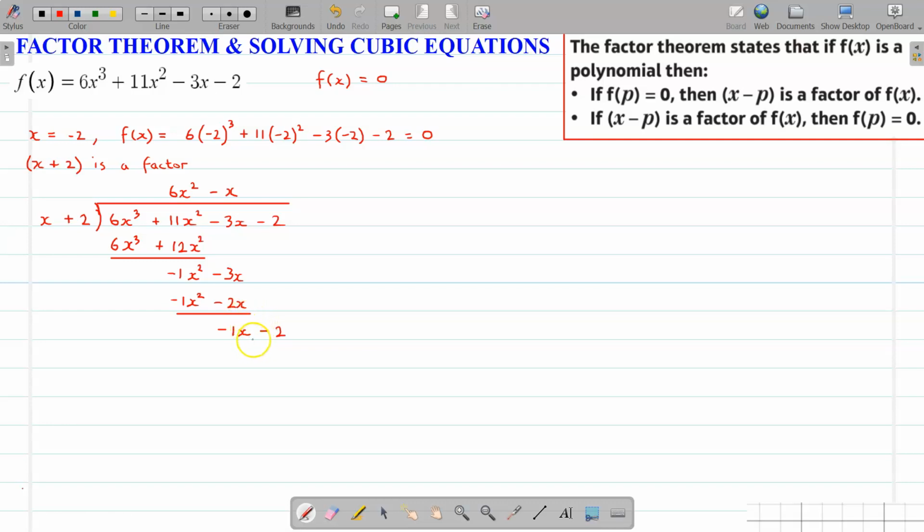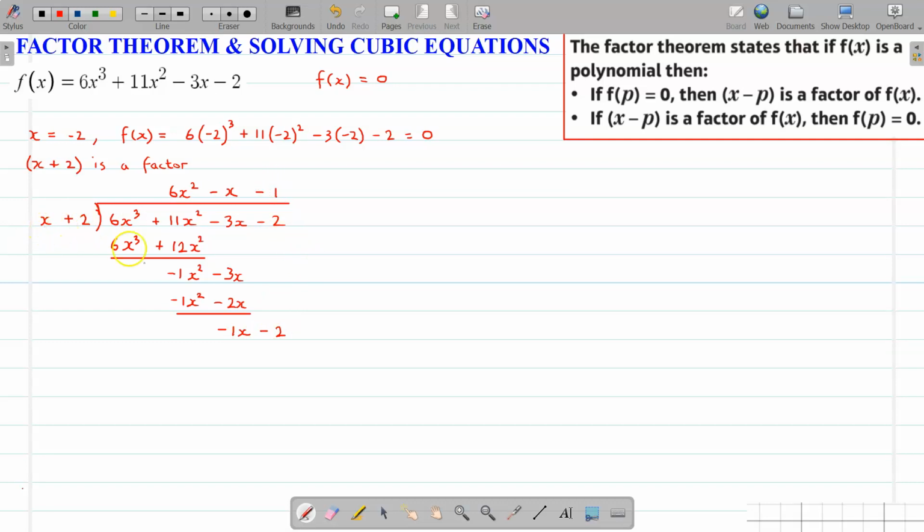And the reason for that is because of the factor theorem. Okay, we found a value of p, which caused the function to equal 0. Then if x minus p is a factor, it means it goes exactly into the original function without a remainder. So it does indeed. So x plus 2 into minus x minus 2 goes exactly minus 1 times.